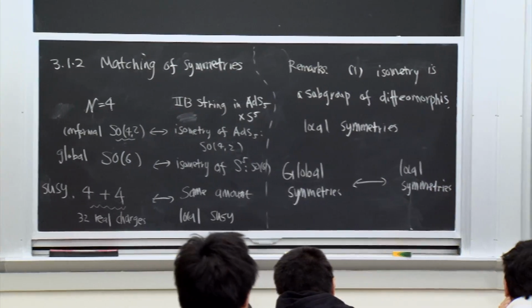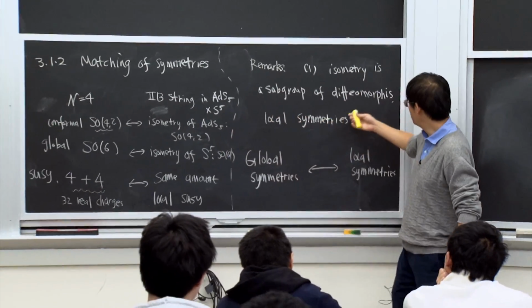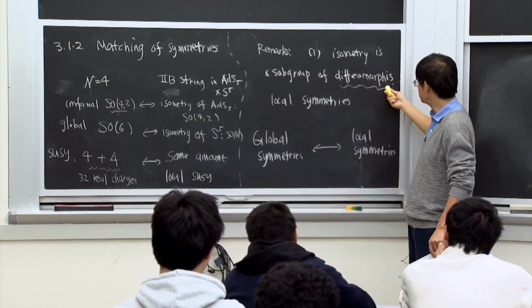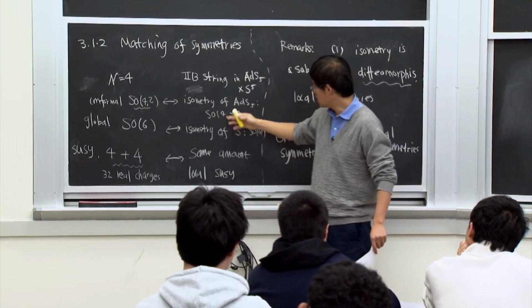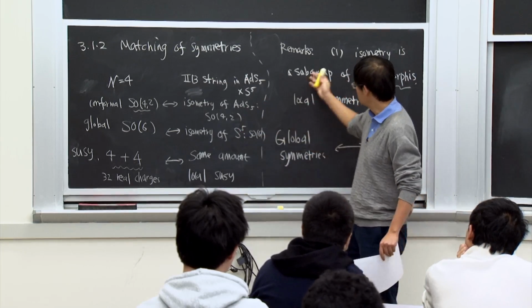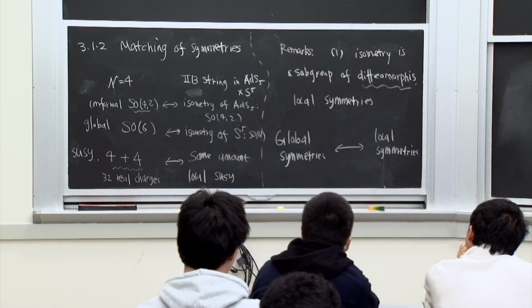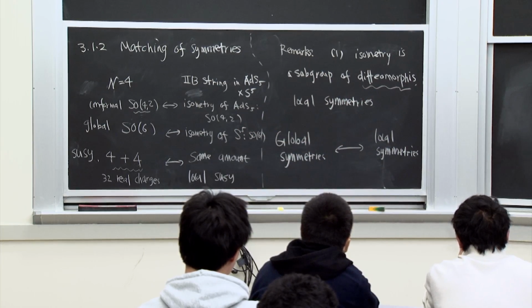But you may immediately ask a question. On the gravity side, if you talk about diffeomorphism, then this is a huge group, certainly much larger than the isometry we are talking about here. So why are we only talking about the isometry, rather than the other parts of the diffeomorphism?